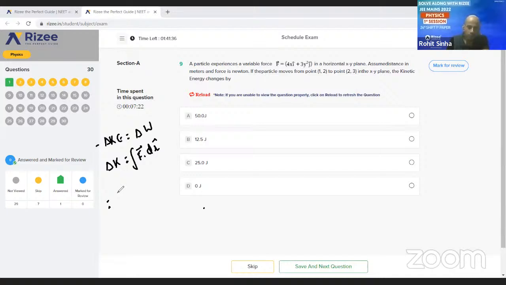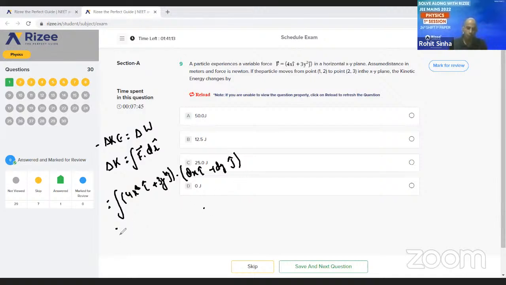Okay, now what is the value of force? It is given as 4xi plus 3y square j, into, for dr we replace dx i cap and dy j cap in terms of the differential position vector.